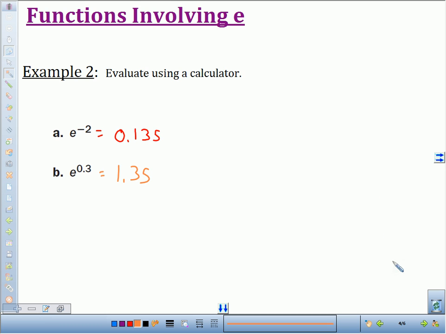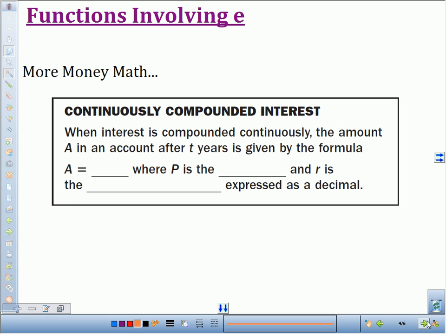So instead of having our compound interest formula that we would use if we're compounding the interest quarterly or monthly, if we're compounding the interest continuously, as in we're just always doing it every fraction of a second, then the amount in the account after t years is given by a different formula.